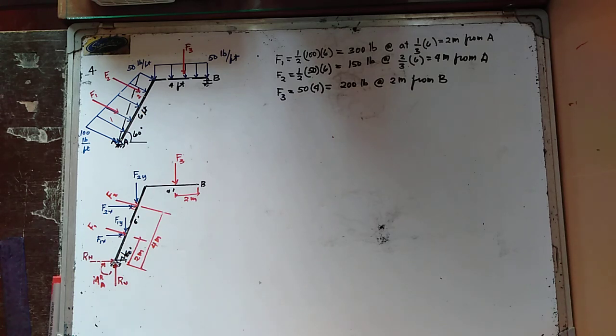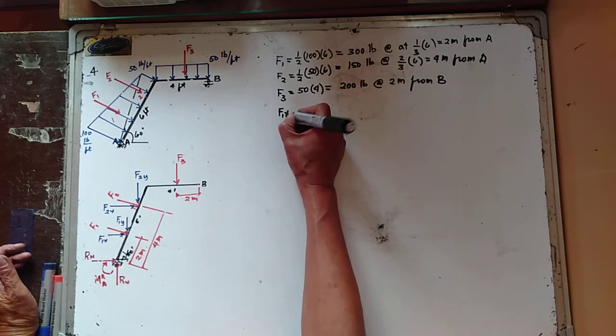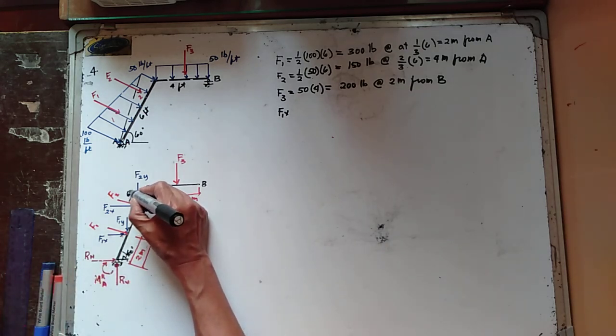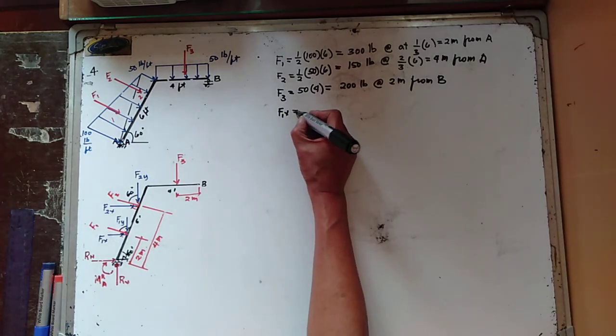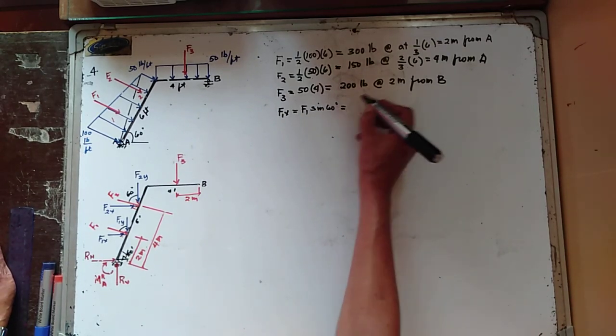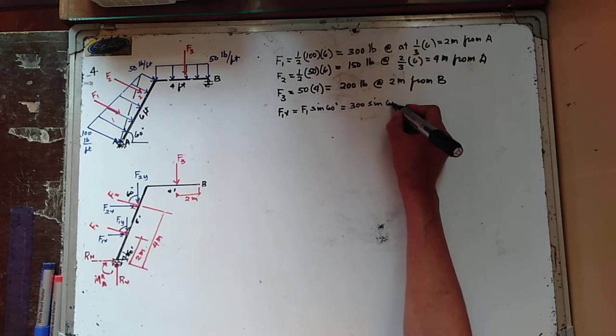Let's determine the horizontal and vertical components of the resultant force acting at point A. First, your F1x is equal to F1 sine of 60 degrees, or 300 sine of 60 degrees.